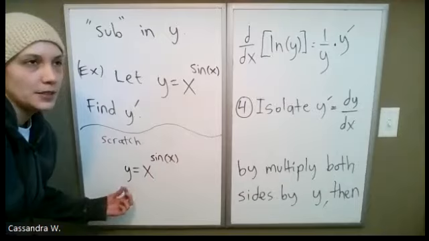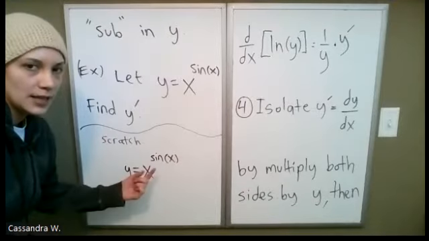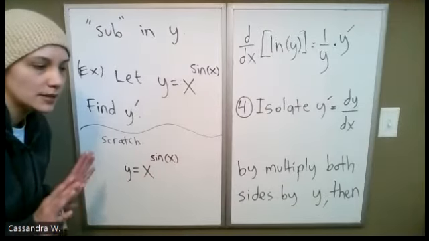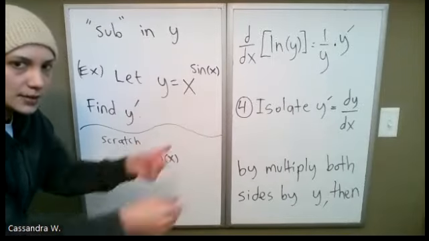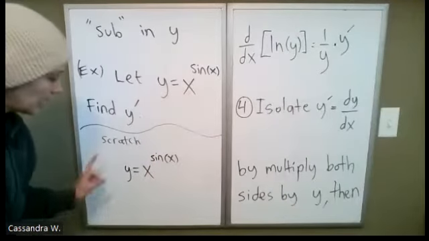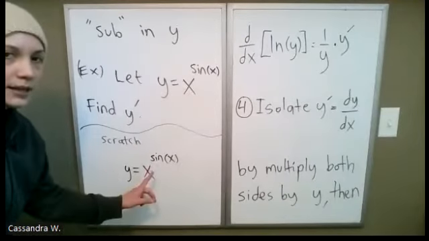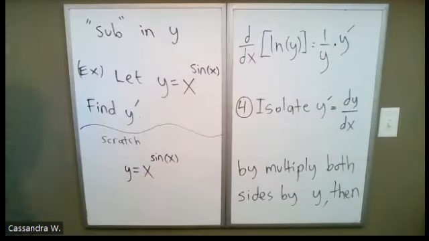So that first step, the idea is if this side is equal to that side, you have equal inputs and put them both through the function ln, and you'll get equal outputs. So we'll have ln of y equal to ln of x with the power of sine of x.